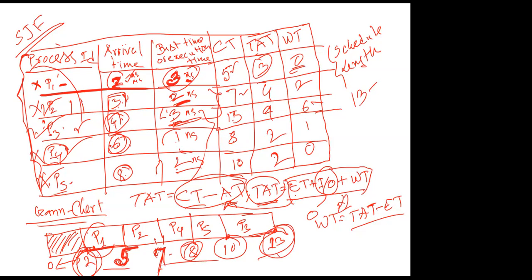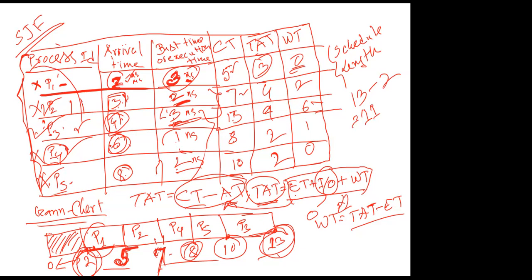So 13 minus 2 is the total schedule length for these 5 processes. So 11 is the schedule length for this example, to complete these 5 processes.